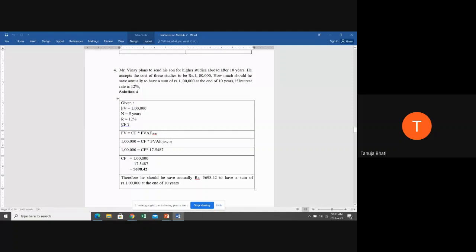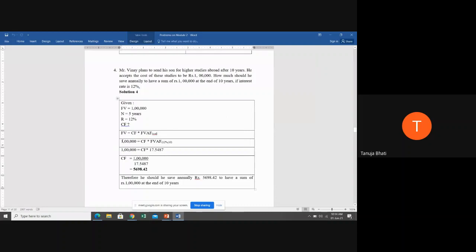So what is the cash flow? The missing figure here is the amount that he should save every year in order to reach the value of 1 lakh. So future value is nothing but cash flow into future value annuity factor, and future value annuity factor you find out with the help of tables by using R and N. R is the rate of interest and N is the number of years.